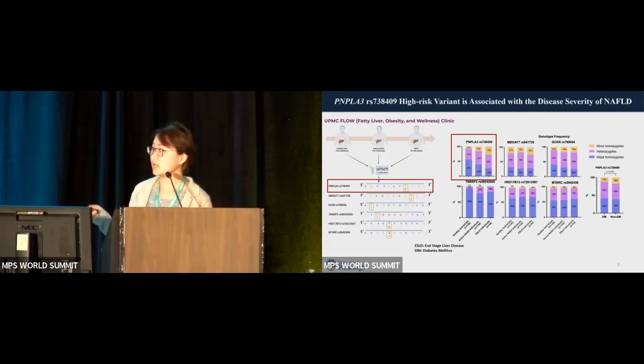The minor homozygotes are shown in the yellow box, and the heterozygotes and the major homozygotes are in pink and purple respectively. You can see that compared to the other variants, the genotype frequency of PNPLA3 increases along with disease progression. And very interestingly, on the very right, you can see the presence of this polymorphism is not necessarily related to the development of type 2 diabetes.